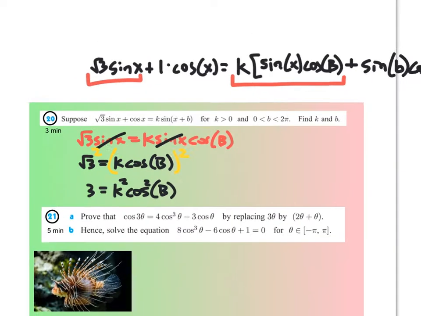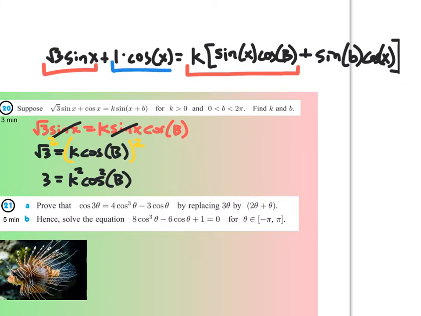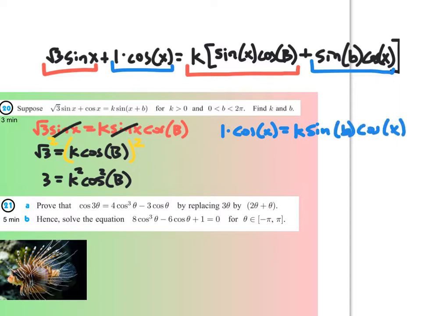All right, let's go to the other portion of it. I've got 1 cosine x equals k sine b cosine x.